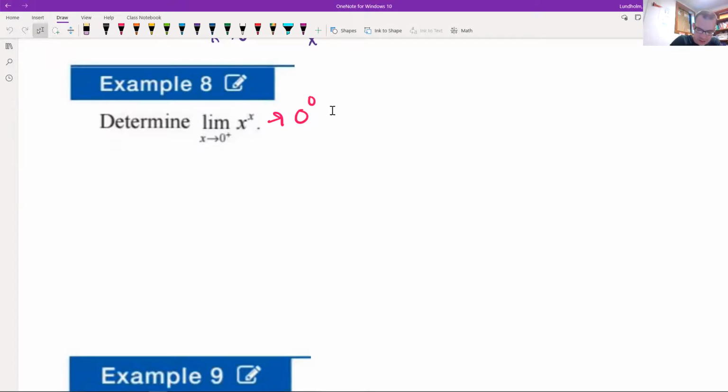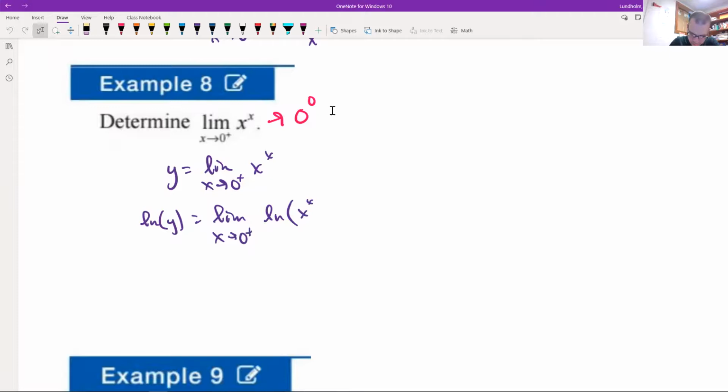So we've got y equals this limit. Natural log of both sides. Use the property of logarithms to bring that x out front. And then, this is starting to look like one of the ones that we had done before.